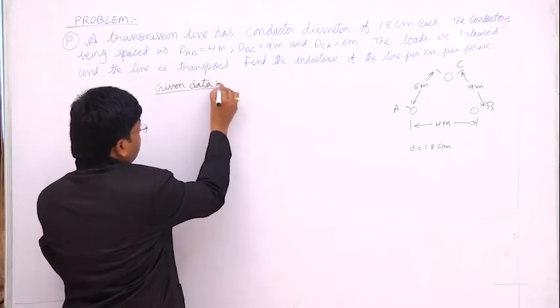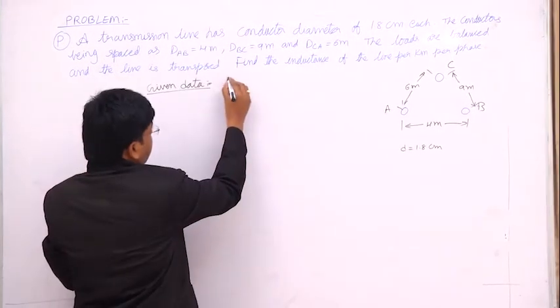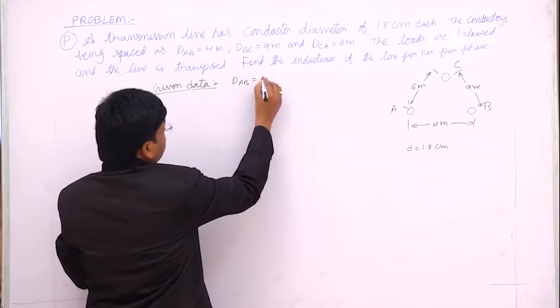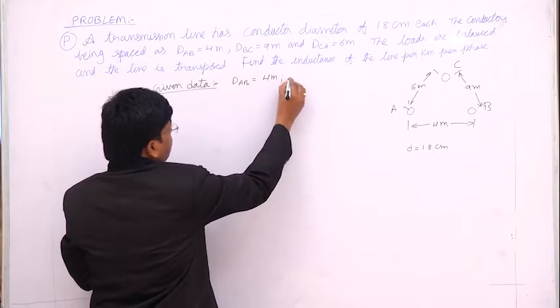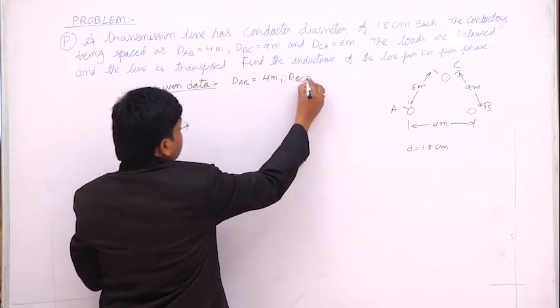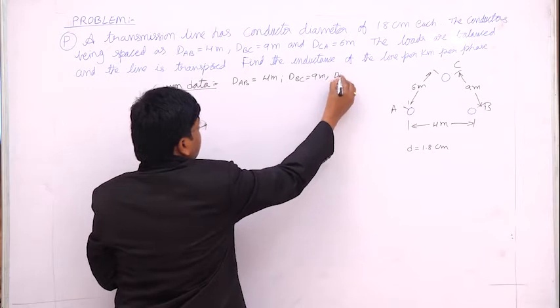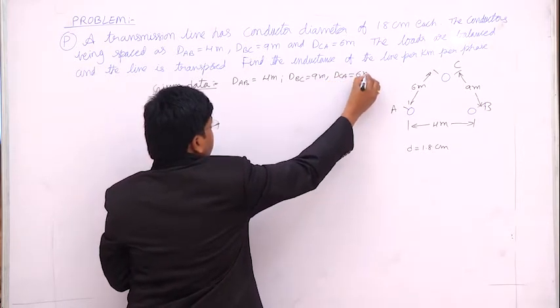The given data is DAB is 4 meters, DBC is 9 meters, and DCA is 6 meters.